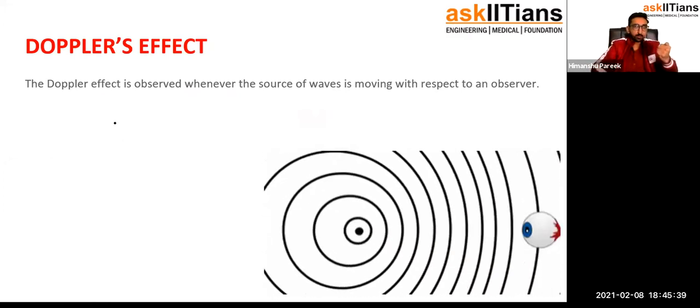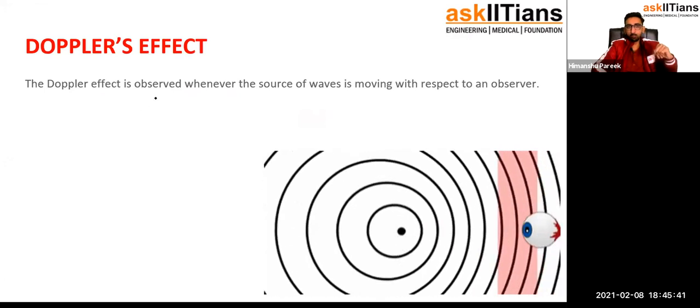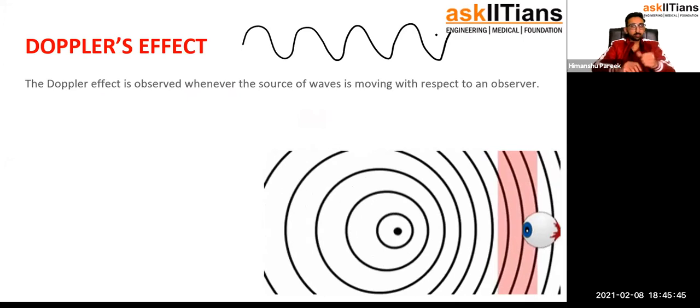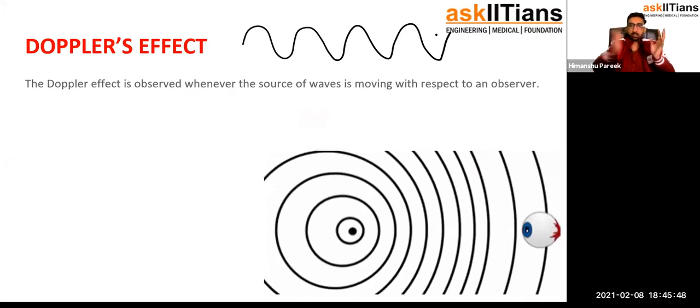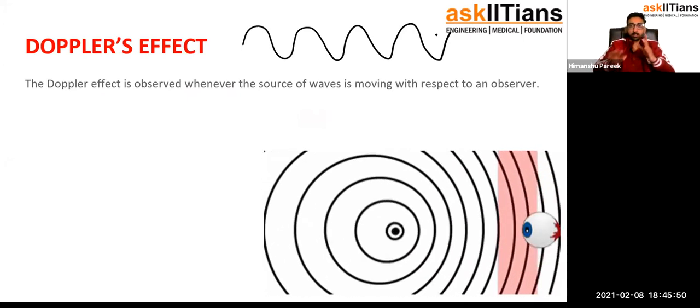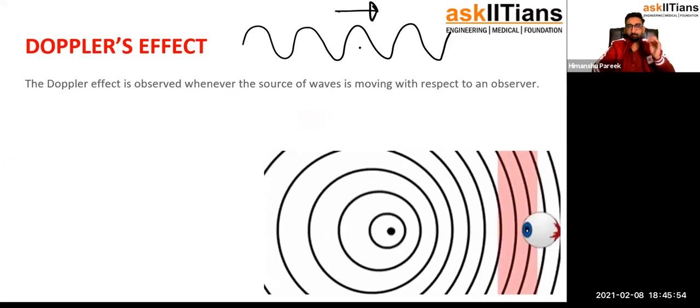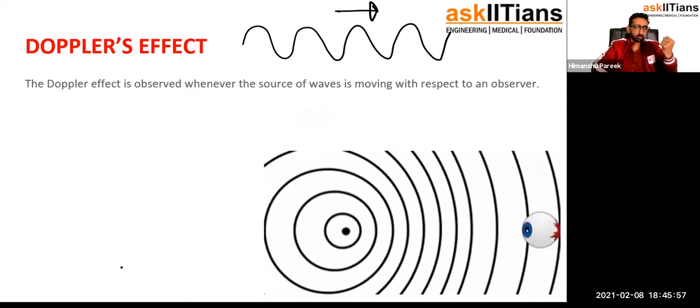Okay. So when we talk about a wave, what was a wave? Wave was like this, or if you talk about sound wave, then compressions and rarefactions, right? Let's say this wave is traveling in this direction with a certain speed.